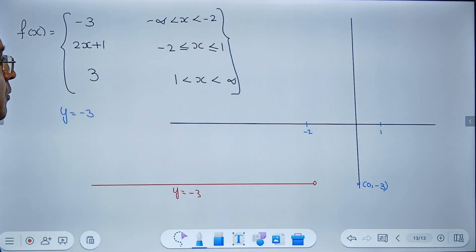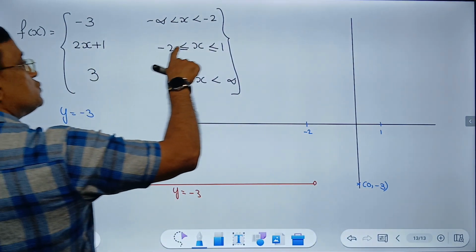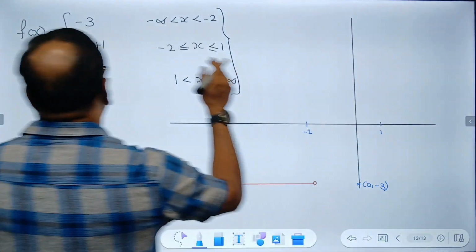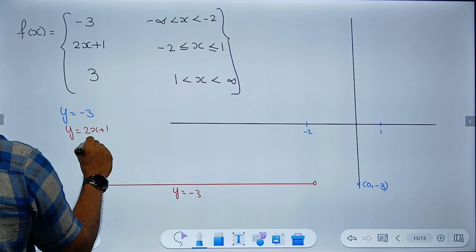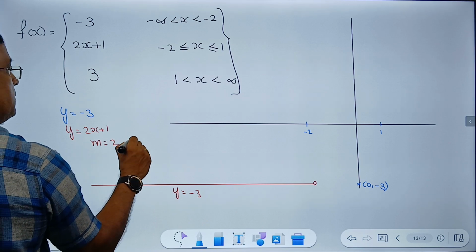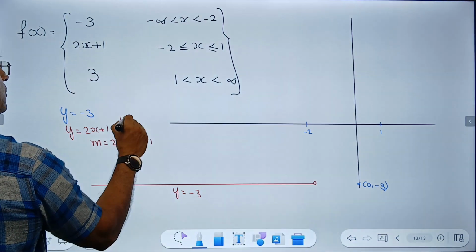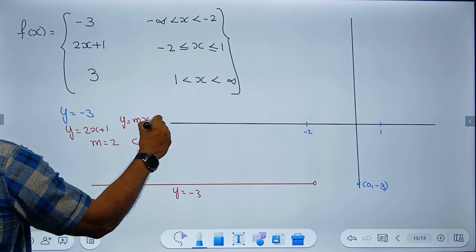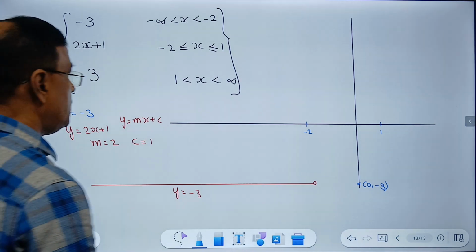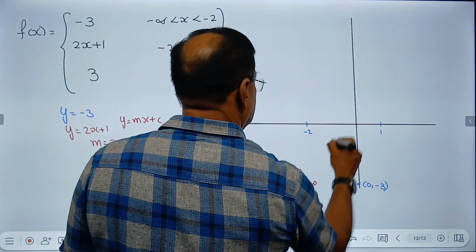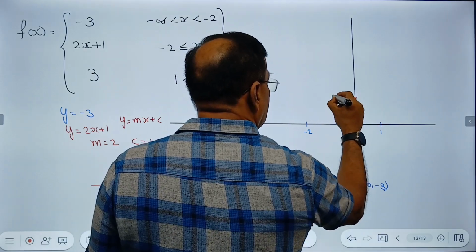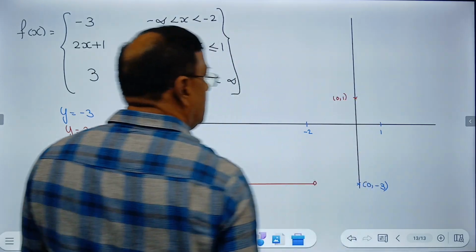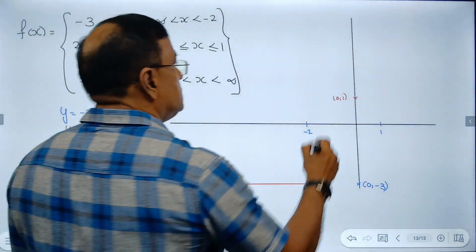Clear? Now, from minus 2 to 1, the line is y equal to 2x plus 1. 2x plus 1 means the slope is 2 and my y-intercept is 1, because this is of the form y equal to mx plus c, correct? Now y-intercept is 1 means this is 0 comma 1, and this is 0 comma 3.